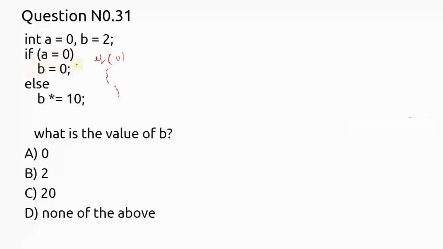That means it will skip the if and only execute the else part. What is the else part? B *= 10, that means B = B * 10. B value is 2 here, 2 into 10, so B value is 20 now. The answer is C here.